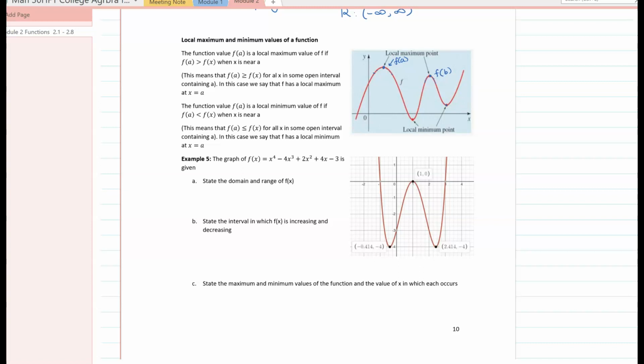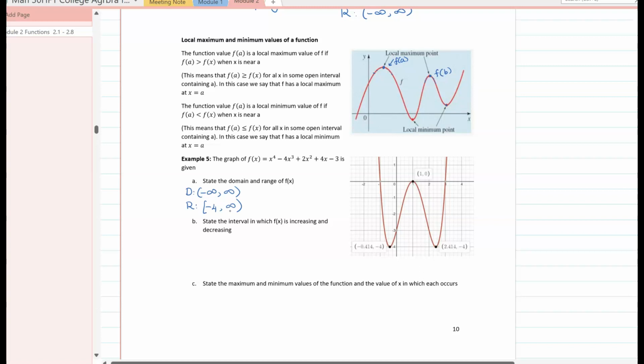The domain, it is a polynomial, so the domain here is all real numbers. The range, notice that the lowest point on this graph is negative 4. So that is from negative 4 to infinity.